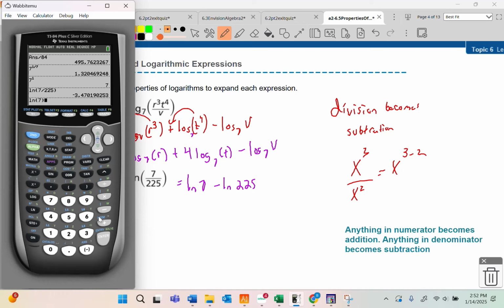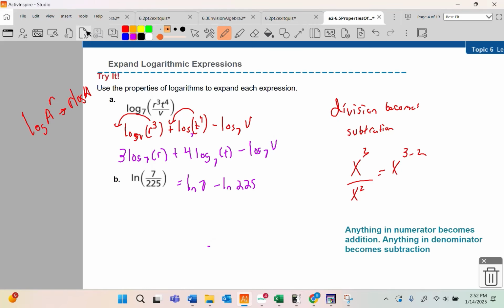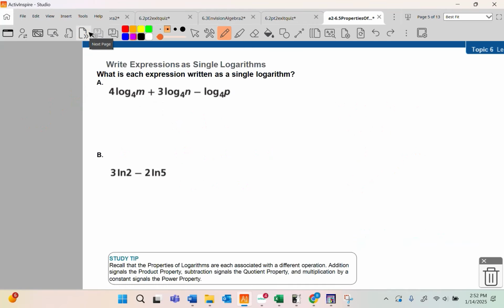Well, guess what the natural log of 7 minus the natural log of 225 is? It's the same thing. Now, 60 years ago, you'd be looking at tables instead of pushing the buttons in the calculator. These properties would have been more useful as far as calculations go. They're still useful for solving. All right, so here we're going the other way.